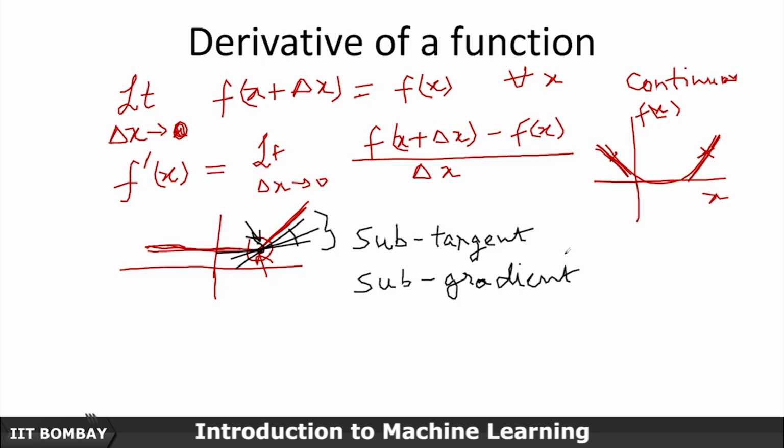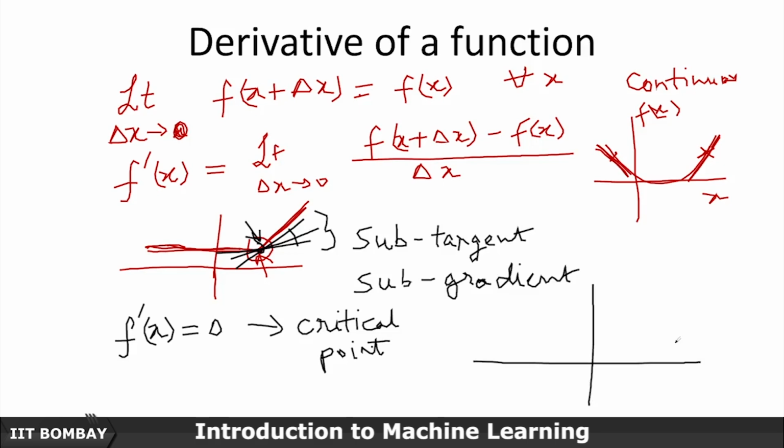Now, there are points where f dash is 0. So, let us say if f dash x is equal to 0, that means the function becomes flat locally at a particular point. That leads to something called a critical point. Now, there are different types of critical points. So, let us say if we are looking at f of x, you can have a point like here where the slope is 0.